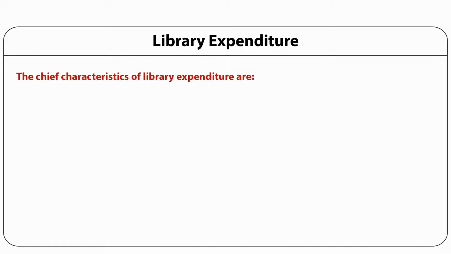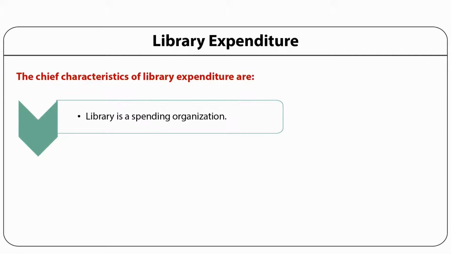The chief characteristics of library expenditure are: firstly, library is a spending organization. Because library is a spending organization, there is no question of earning money for itself. So all the time we have to see that only expenditure has to be carried out.